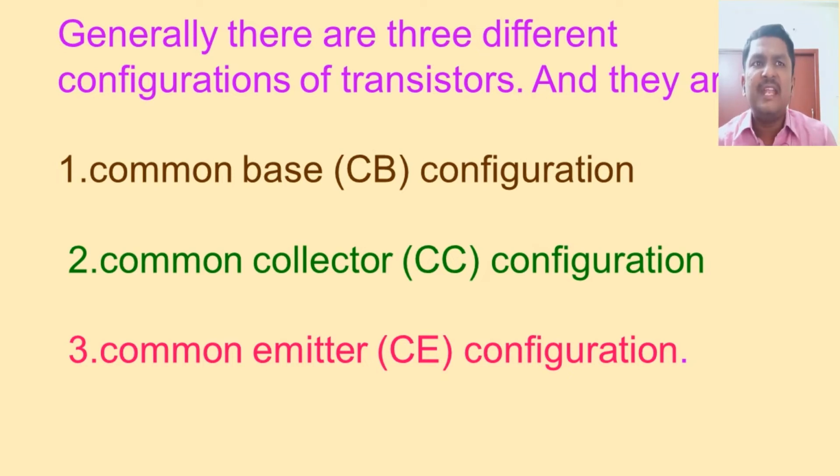There are three different configurations of transistors. First is common base configuration, CB configuration, or in some books CB mode. Second is common collector configuration, CC configuration or CC mode.